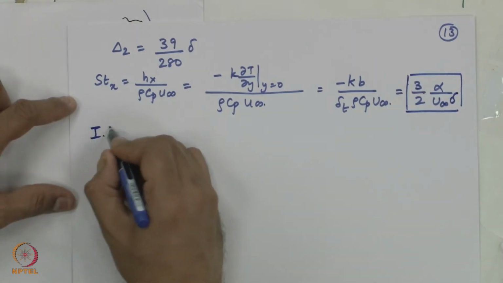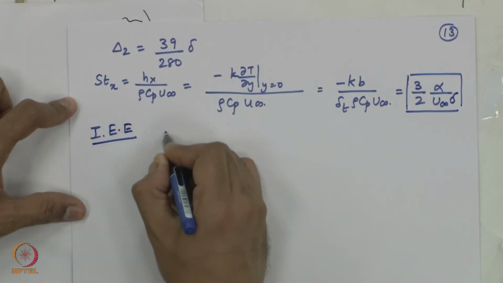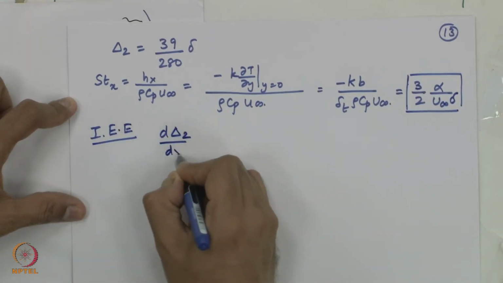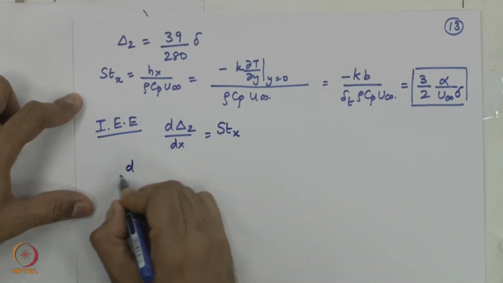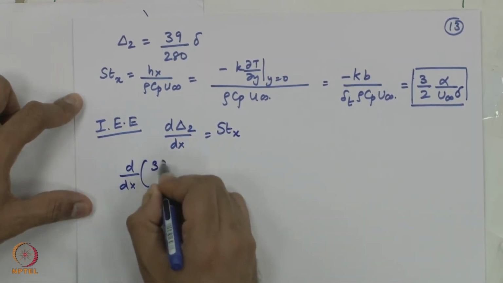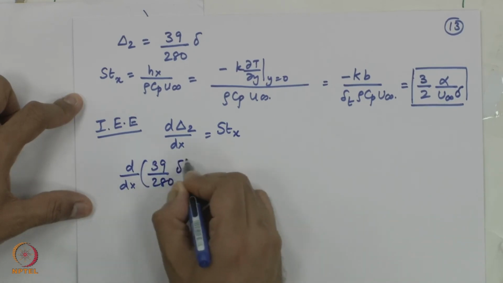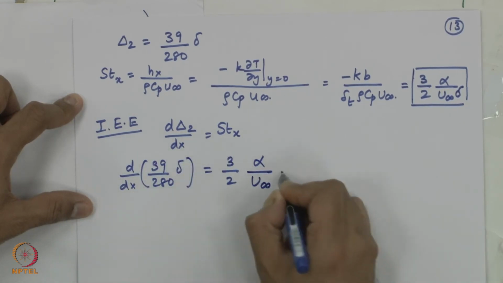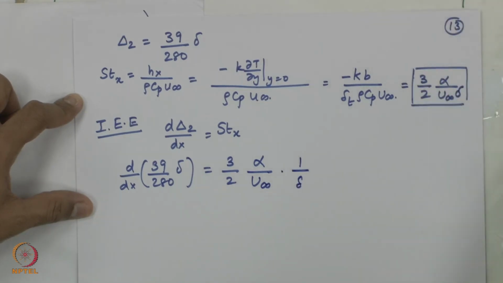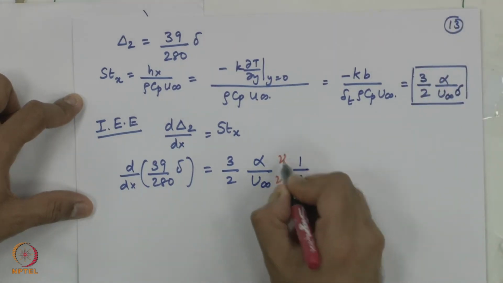So, integrated energy equation, which is d delta 2 by dx is equal to Stanton number, therefore becomes d by dx of 39 by 280 delta is equal to 3 by 2 alpha by u infinity 1 over delta. I multiply and divide by nu.